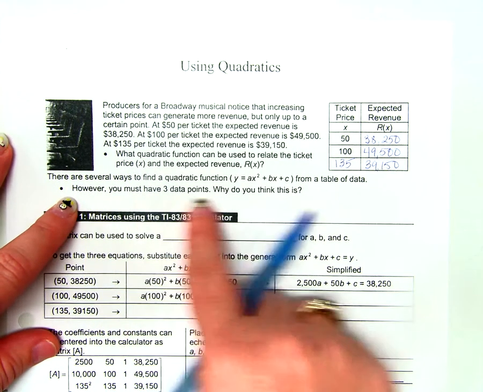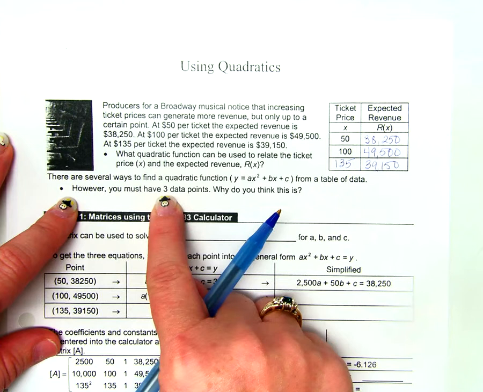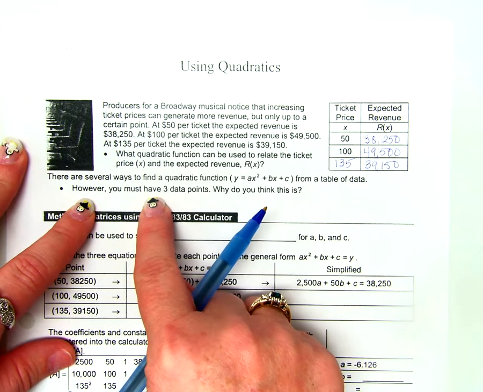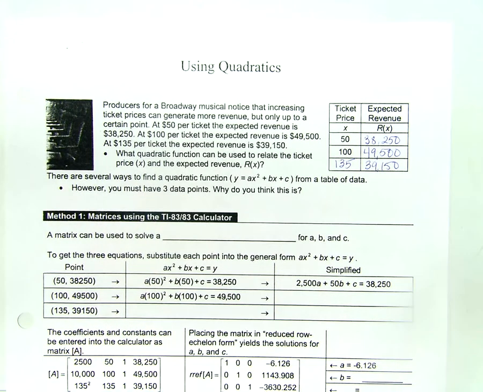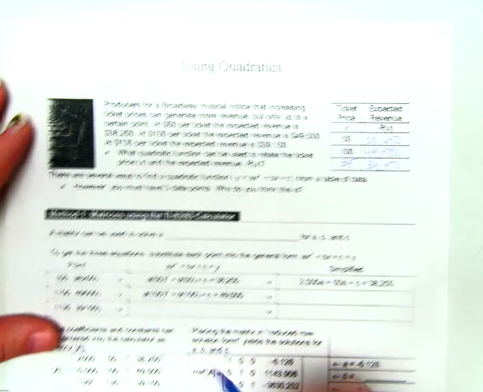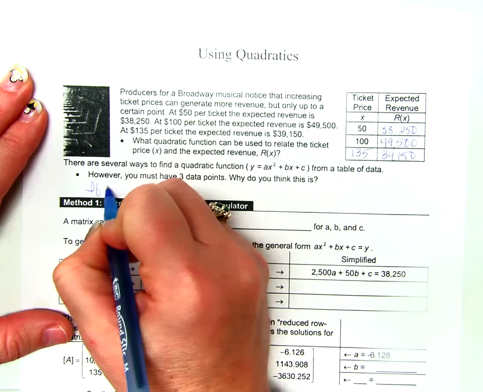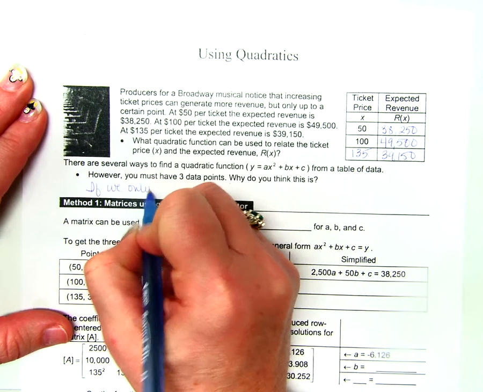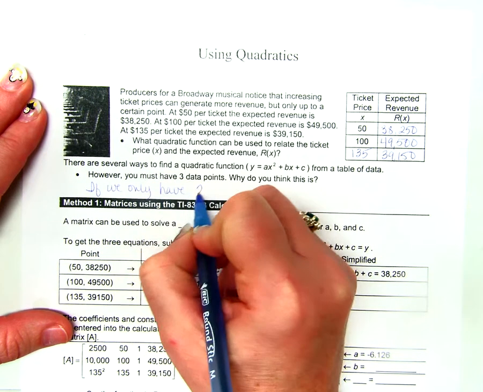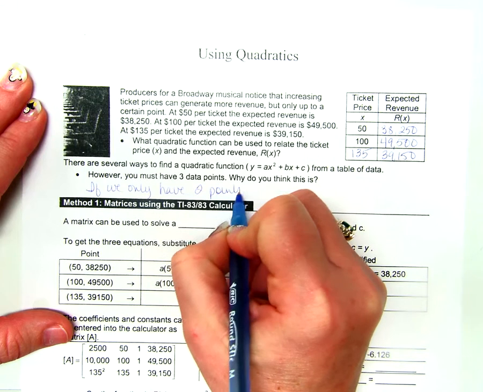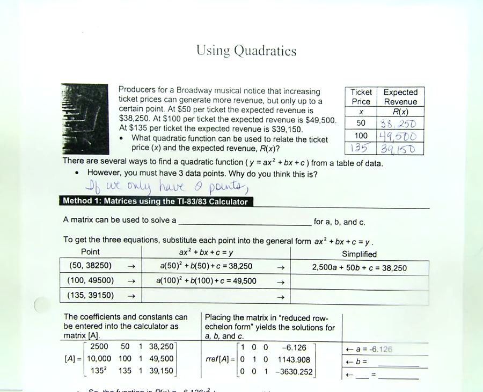So we have to have 3 data points. It says you must have 3 data points. Why do you think this is? If we only have 2 points, what do you think?